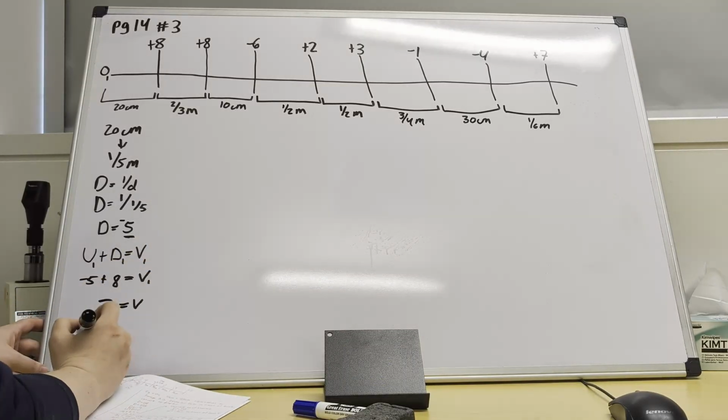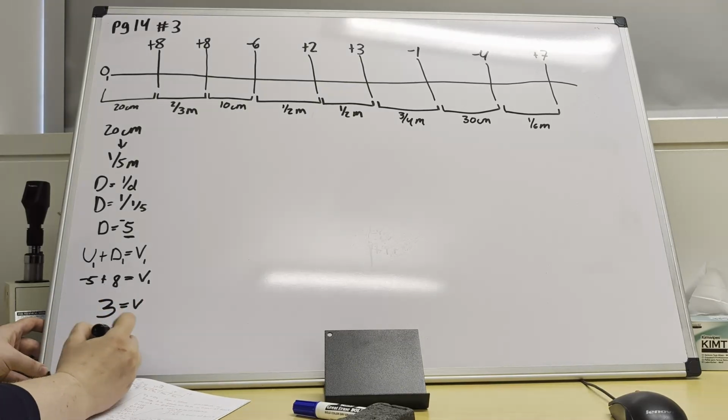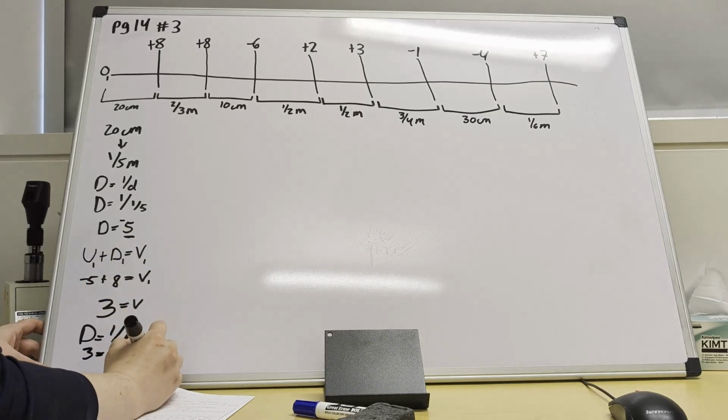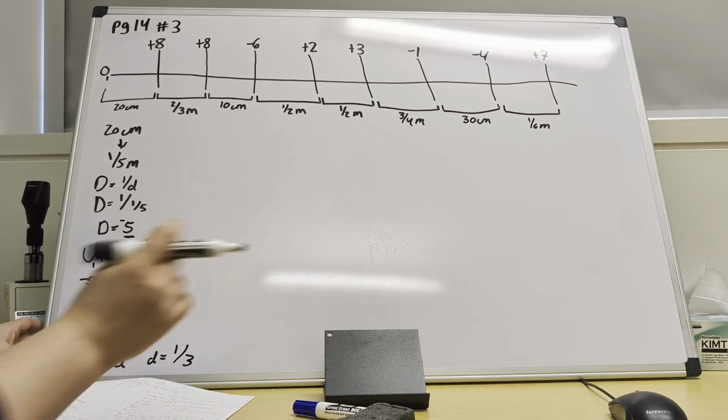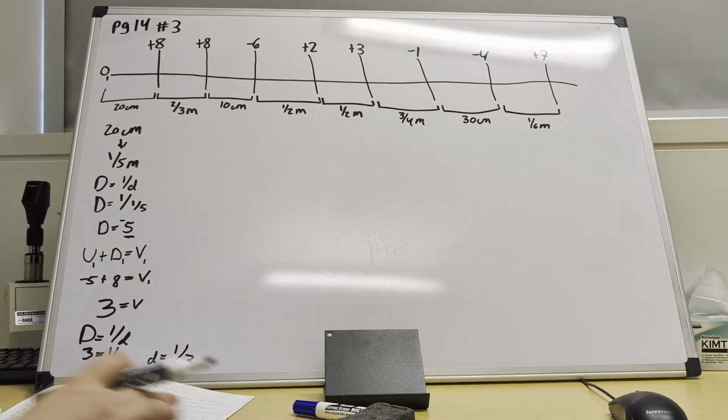If we then plug this back into diopters equals 1/distance, we get 3 equals 1/d. Little d equals 1/3. And it is positive, so that means it is going to be behind.